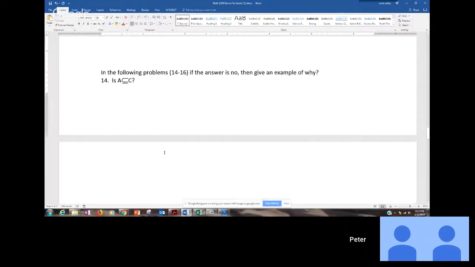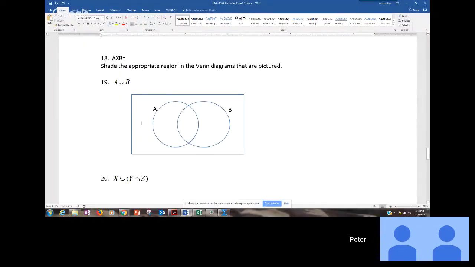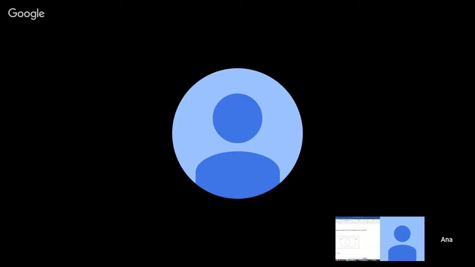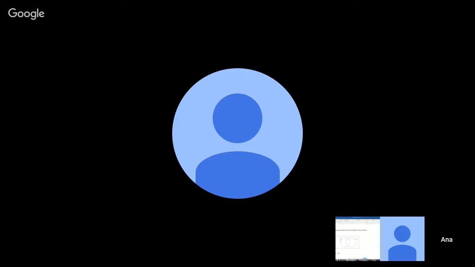Like the Venn diagrams. Yeah, like the shaded ones on the very back page. I think it's called the proper subset. Yeah, number 20 was a little confusing.